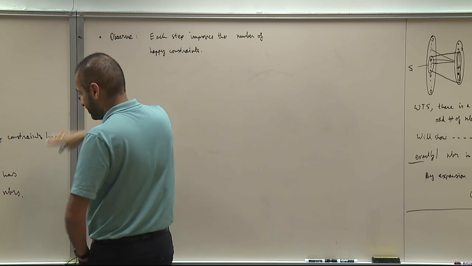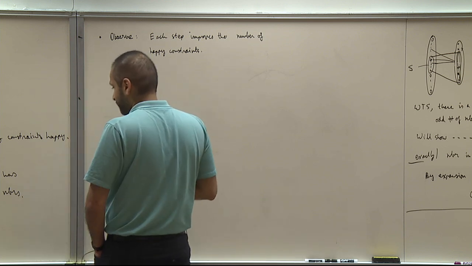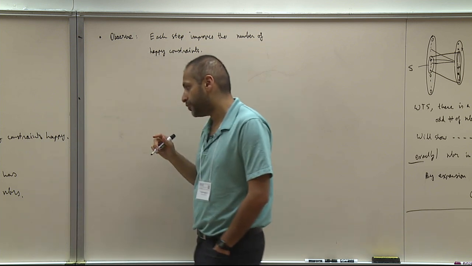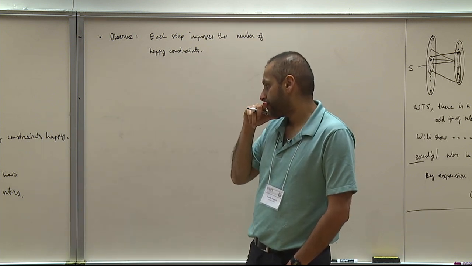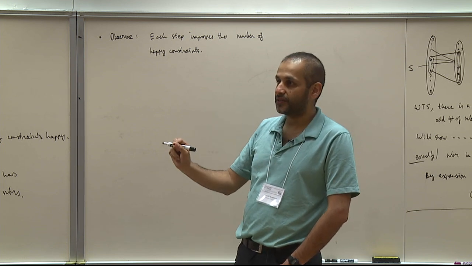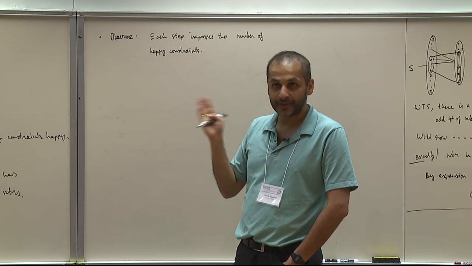Okay, that's just the definition of the algorithm. Now I need to show that there is always a vertex for which there are more unhappy neighbors than happy neighbors.